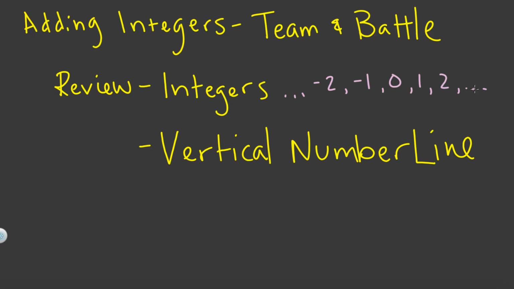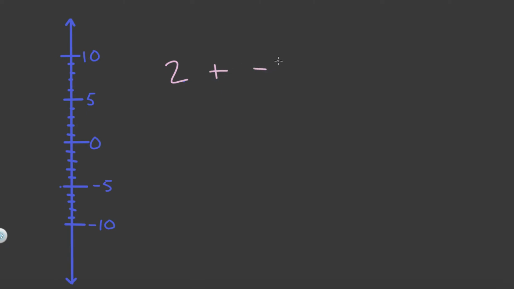We previously have looked at a vertical number line. So we're going to do a quick review of that vertical number line. Let's say we have 2 plus -3. This means we're going to start at the +2. We add, that means we go up.